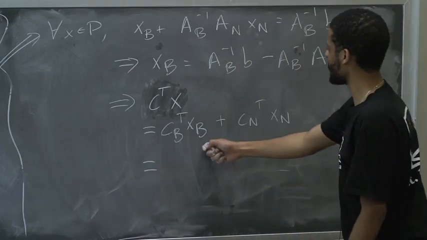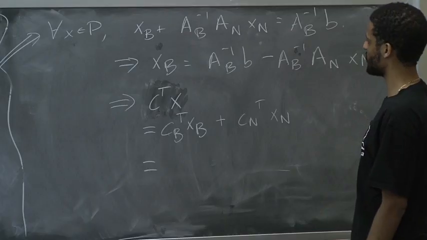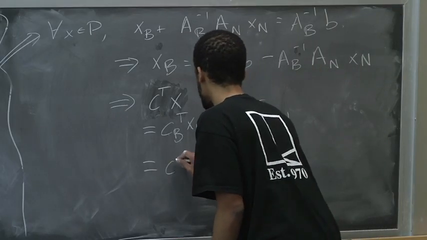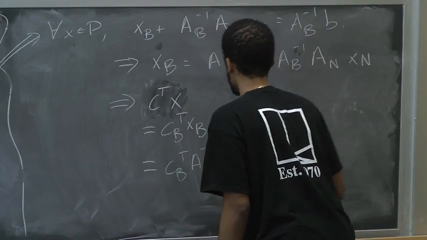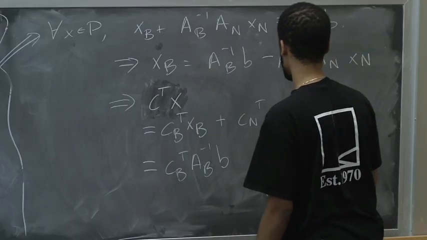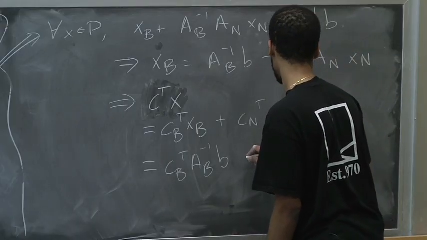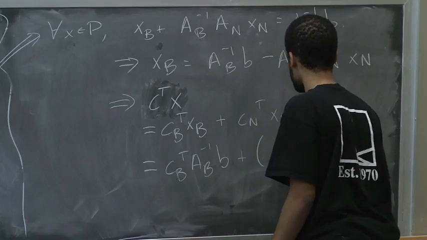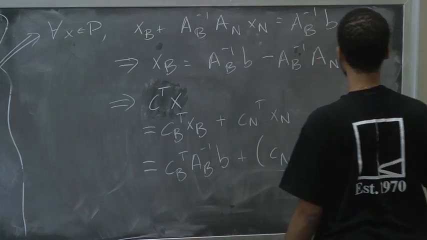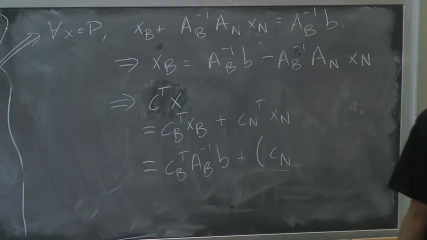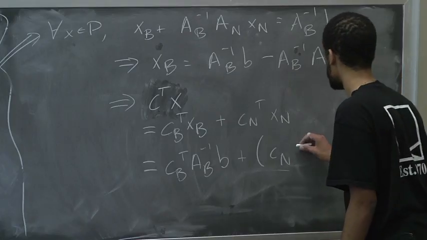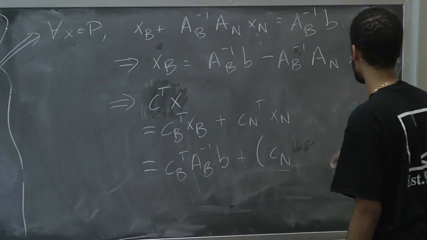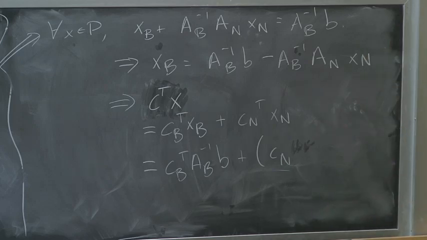And then I can expand xB. So this is equal to CB transpose AB inverse b plus CN transpose xN.